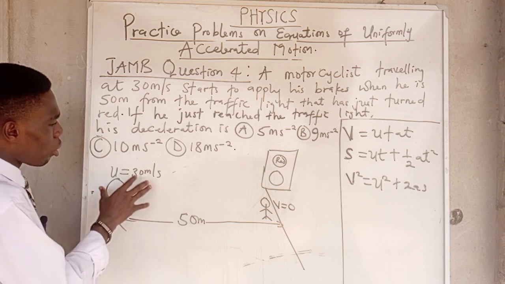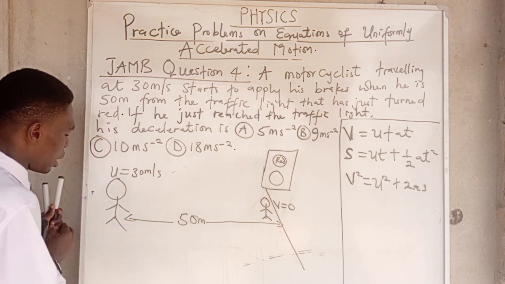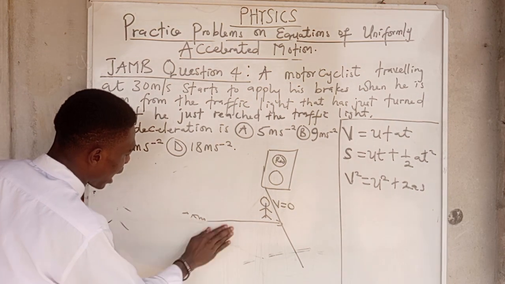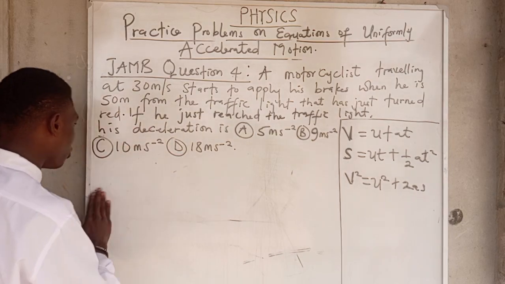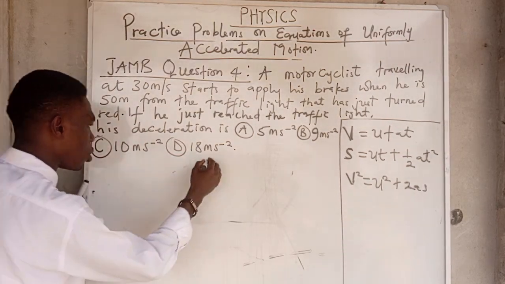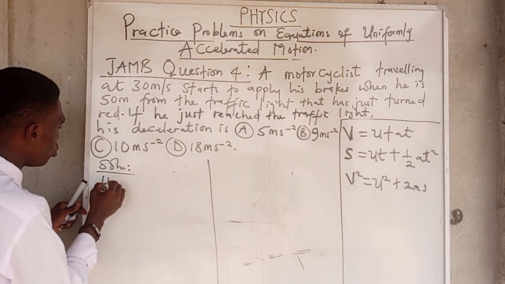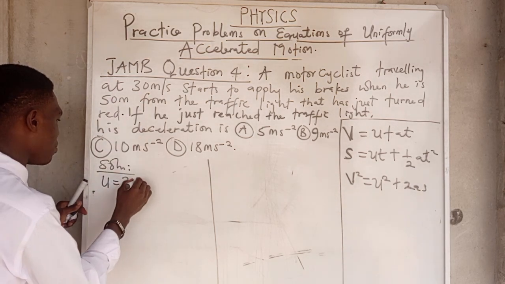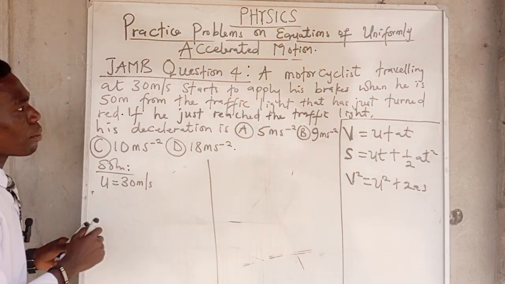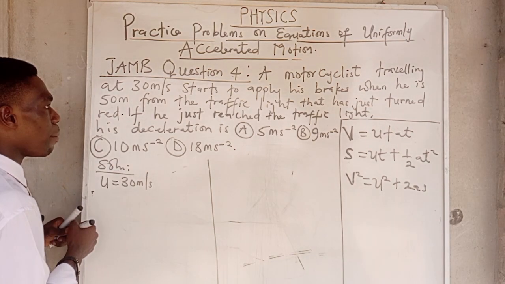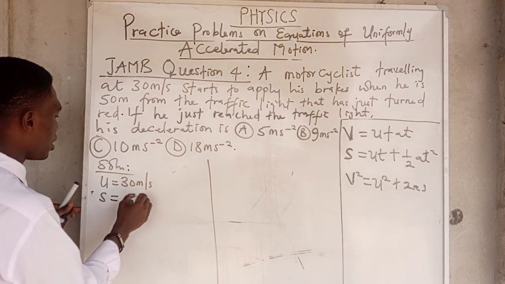All right, so we're going to be using this analogy to solve the problem. Let us write down the things that we are given. All right, so let's now solve the question. Solution. From the question, we have that u is equal to 30 meters per second, because that's the first velocity given to us before the motorcyclist came to rest by applying brakes. And then we are also given that the distance s is 50 meters.